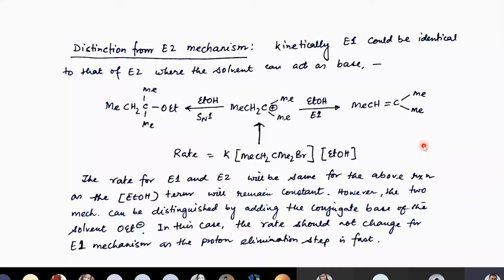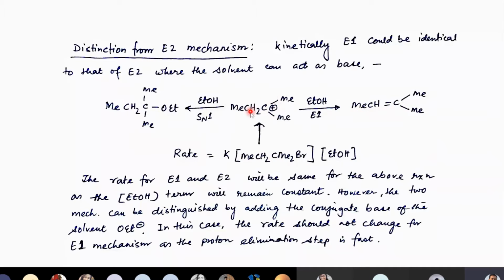Correct? Did you understand? What did I say? Let's say you have this substrate. From this substrate, you generate a carbocation. Now your ethanol can take up the beta proton to form this olefin.